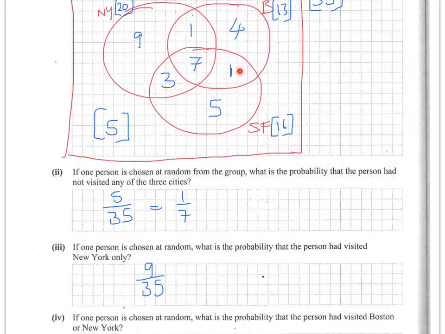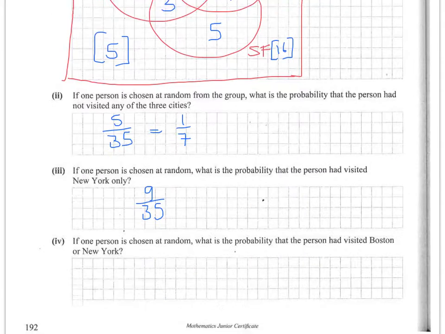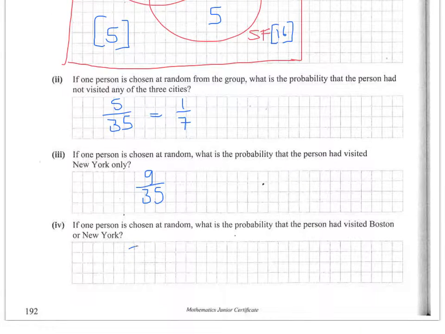So Boston, New York is the union of all those people. Now there's 5 and 5 that don't, so that's 10 away from 35. This sum is 25. You can add them up how you like. There's 10, 25. But if I say it's 25 out of 35, which can be reduced down, again, by dividing top and bottom by 5, to get 5/7.